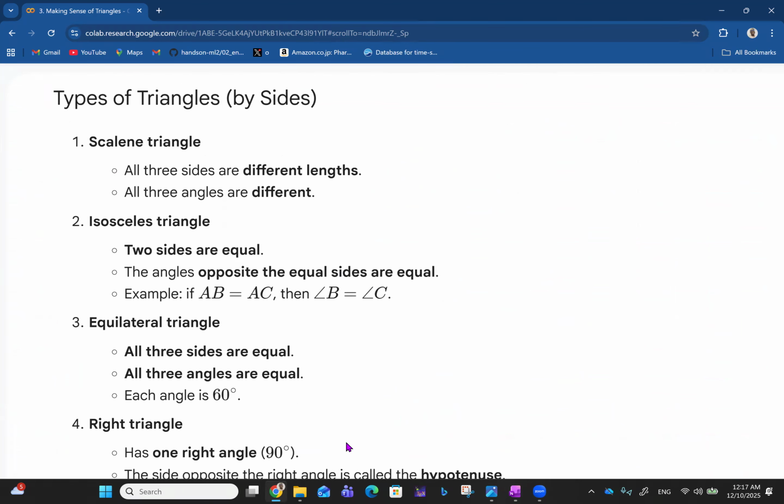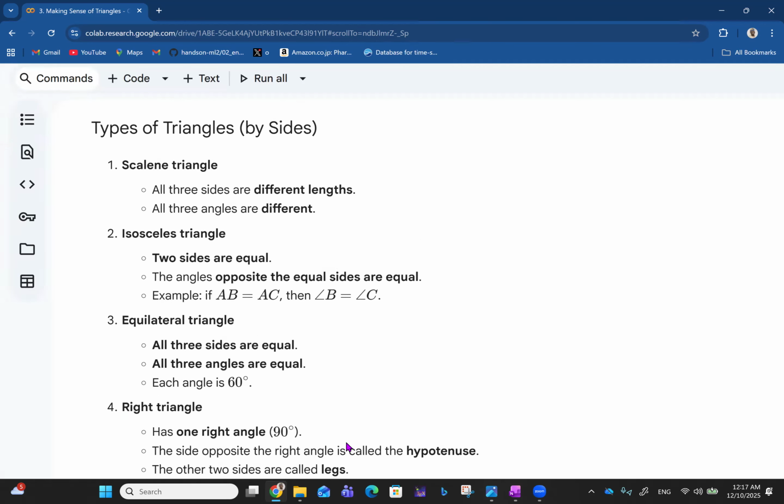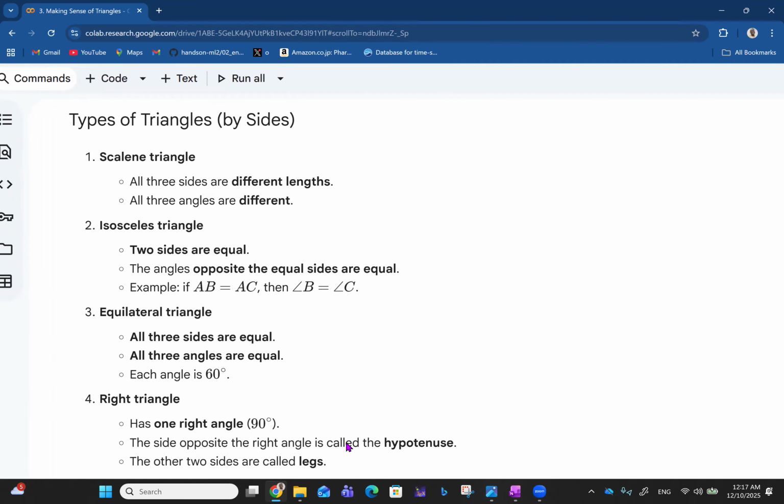Settled. Then we can talk about types of triangles. What types of triangles are there? We have different types. We have the scalene triangle, where all three sides are different lengths, and all three angles are different.